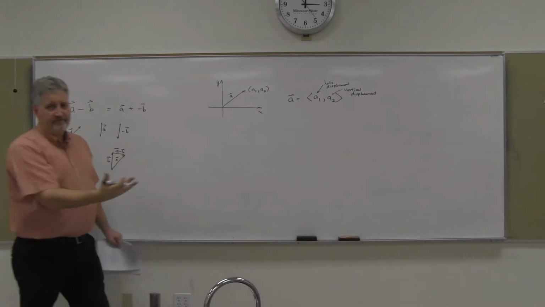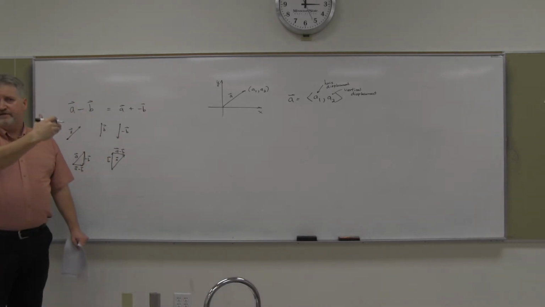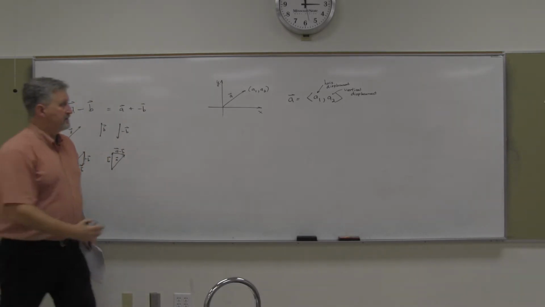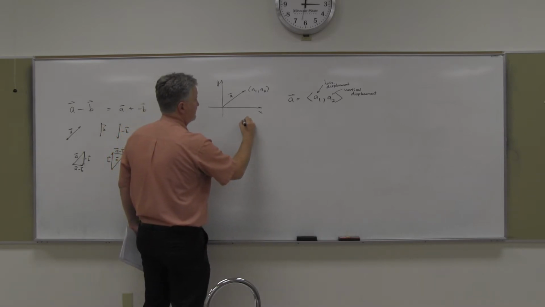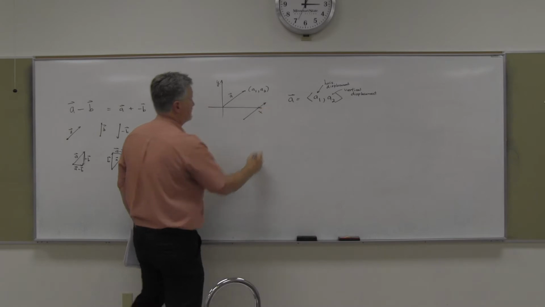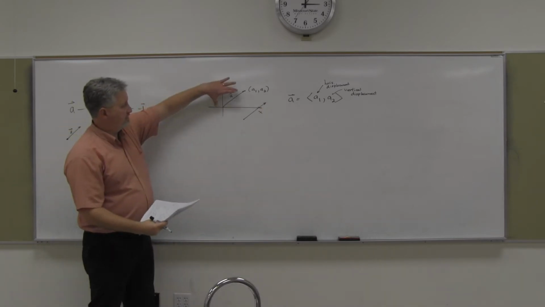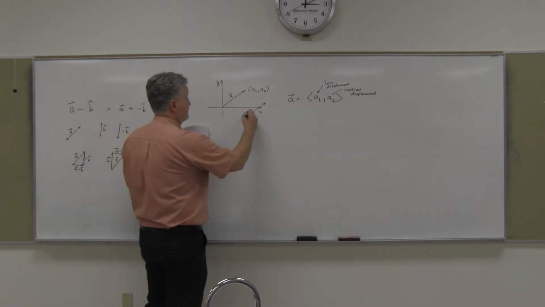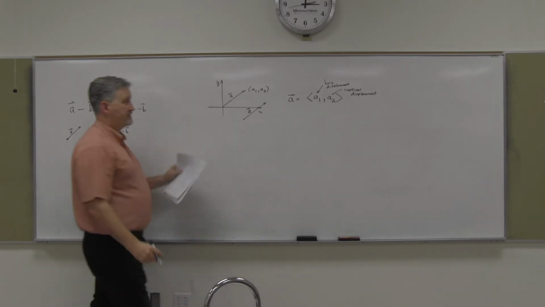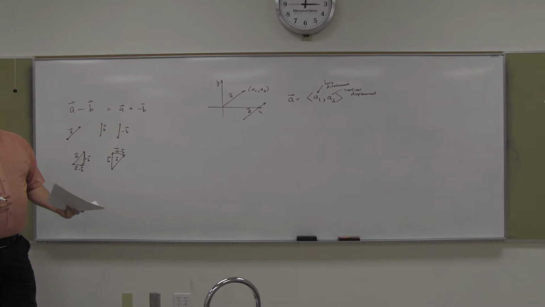We don't have to necessarily lock our vector in to be initial point 0, 0. This would be the same vector out here. Same magnitude, same direction, same angle. So that's still vector A.